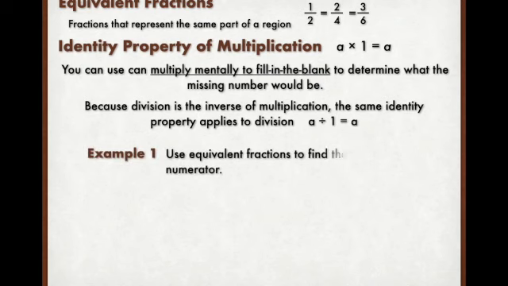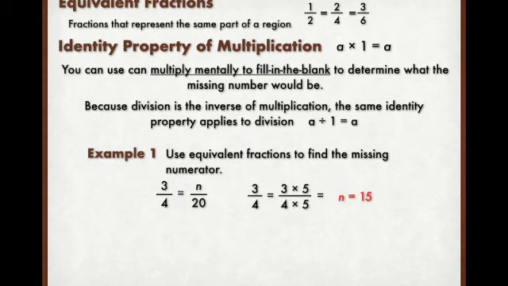So let's look at an example for equivalent fractions, focusing on the missing number. If I have a missing number here, I'm either going to put an x here or an n. So 3/4 would be what over 20? So let's see how we're going to do that. 4 times what equals 20?